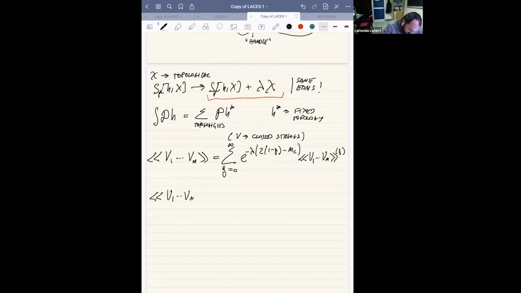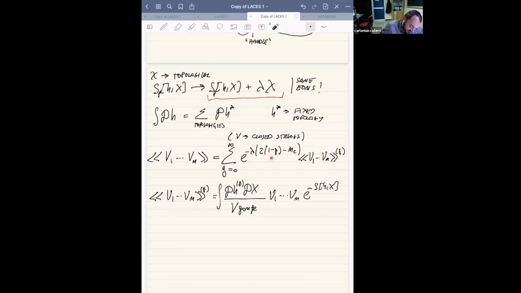V1 to Vn at fixed genus will be the integral over the metric at fixed genus, the x over volume of the gauge group, V1 to Vn, e to the minus S[h,x]. This is the structure that we have encountered before, but now in this slightly more general treatment, the structure is dressed by this combination here, which is just a number.